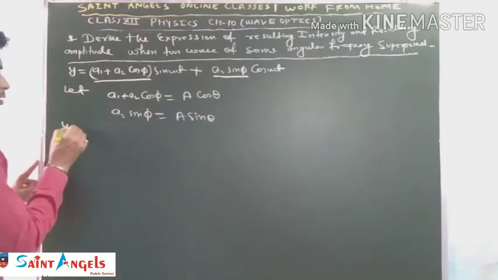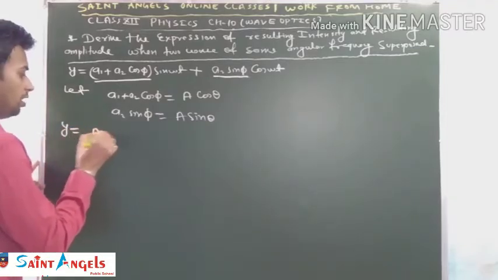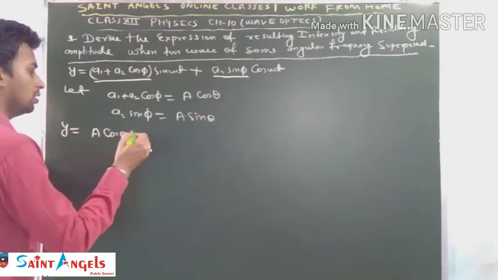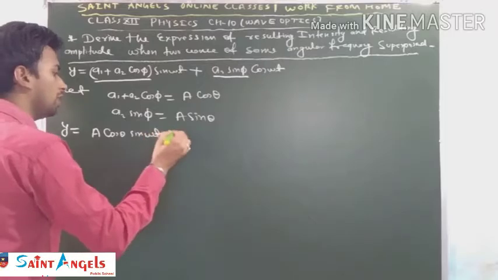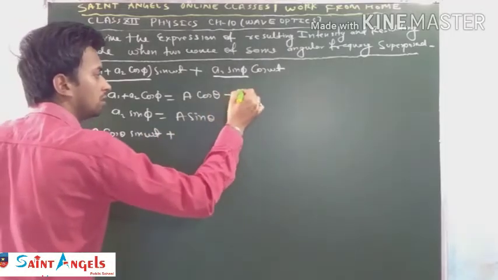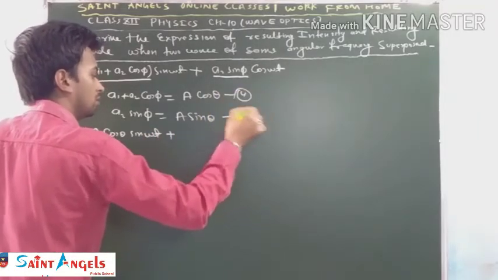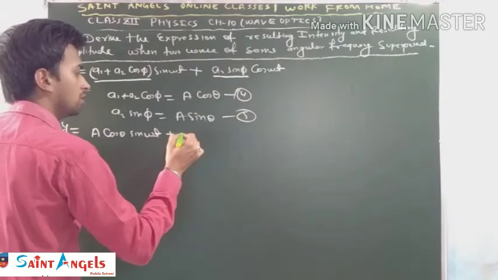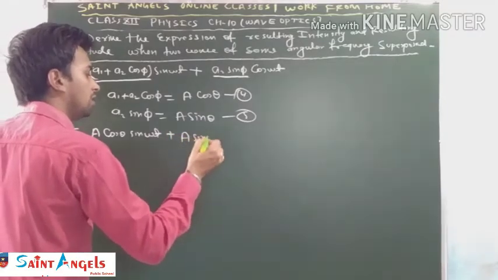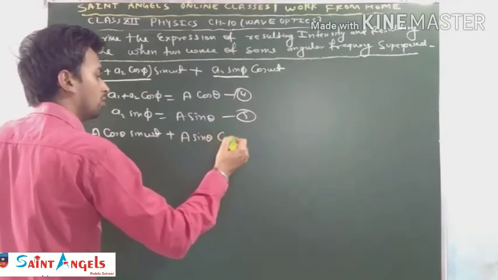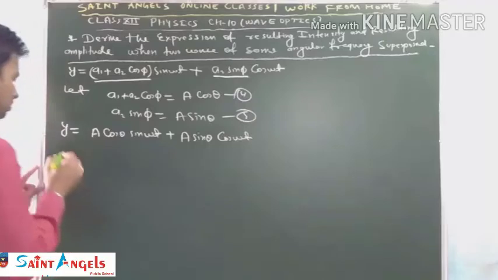So y equal to a cos theta sin omega t plus a sin theta cos omega t.